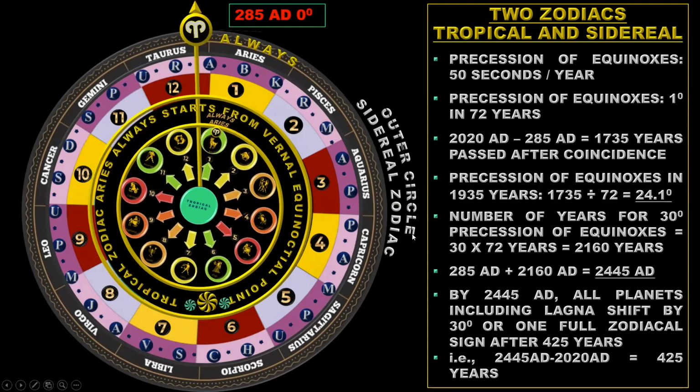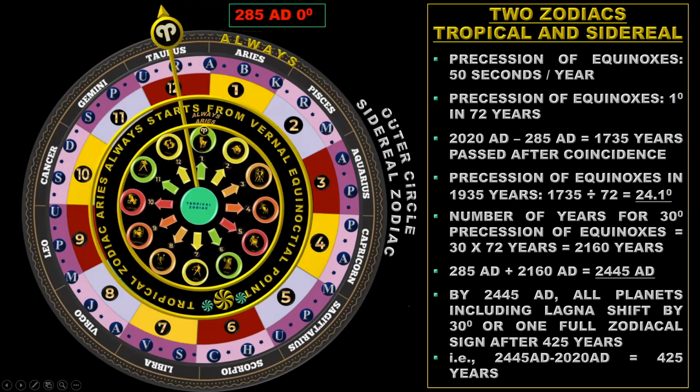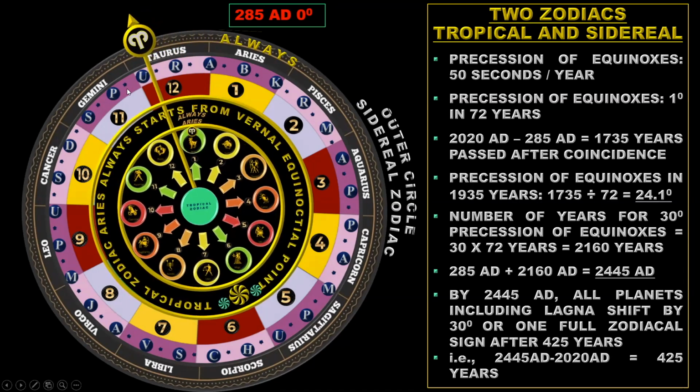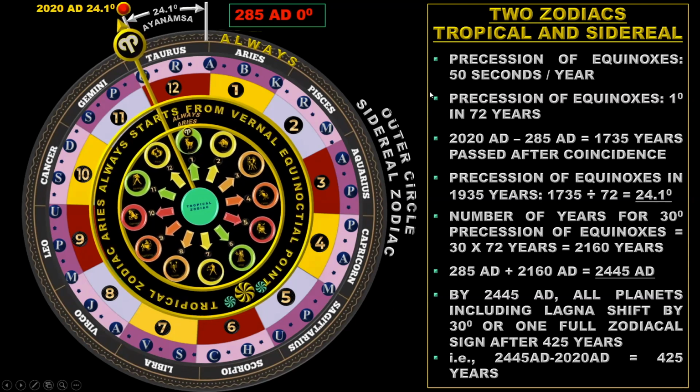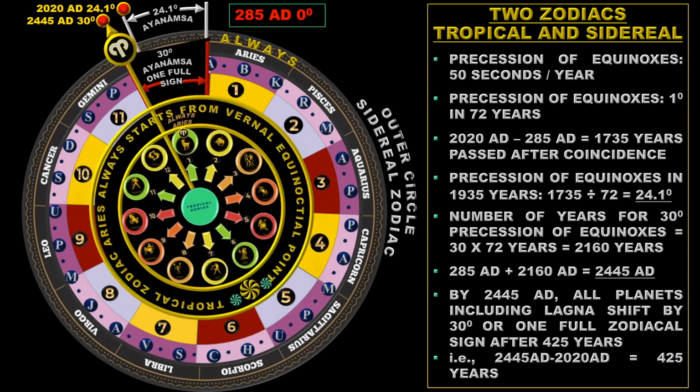And after some time, it moved to the present day, the 4th quarter of Uttara Bhadrapada in the retrograde direction. In 2020, the value of Ainamsha is 24.1 degrees. And slowly it moves to the completion of Uttara Bhadrapada and then enters Purva Bhadrapada by 2445.